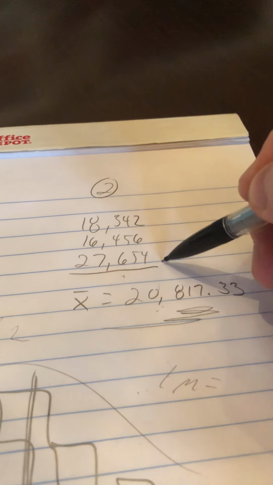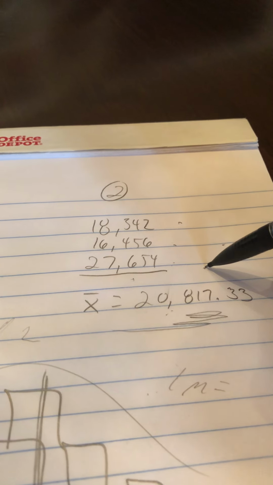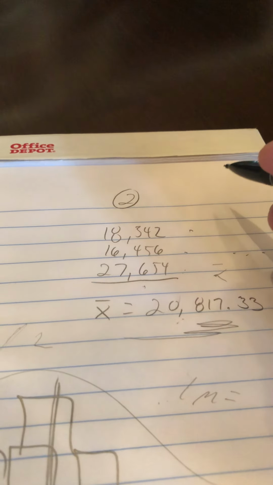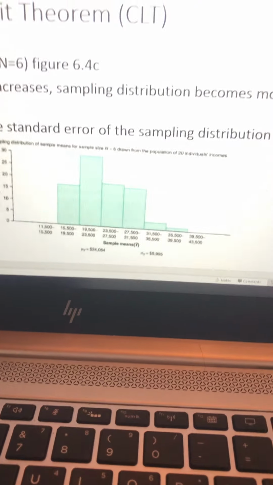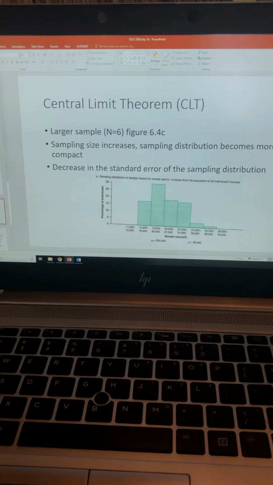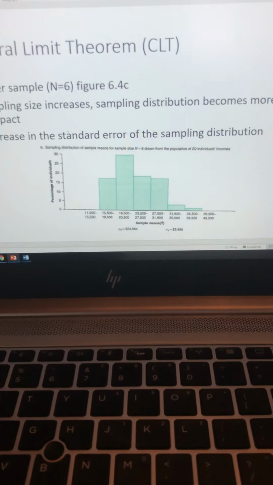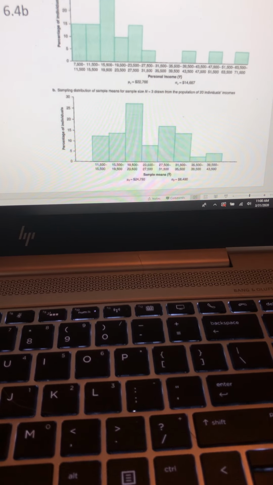And rather than 3 in sample 2, we took 6 and got a mean for sample 2. So if we plotted that on a distribution, we'd get an even closer approximation of normality.